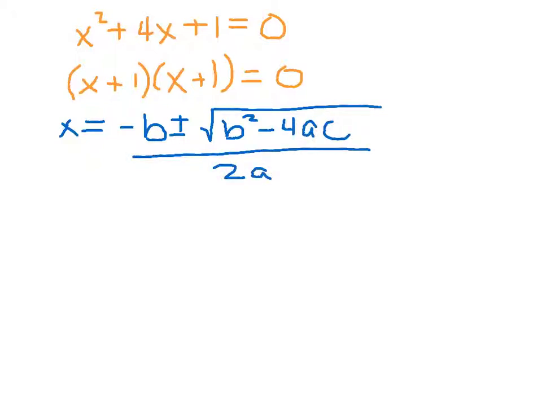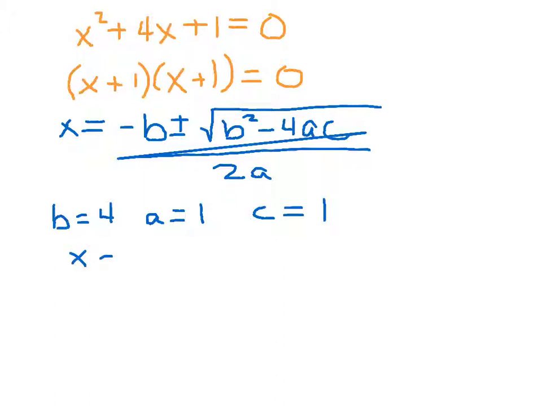In this case, my b is equal to 4, my a is equal to 1, and my c is equal to 1. So the coefficient on x squared is a, the coefficient on my x term is b, and the constant is c. So I just plug them in, and away I go.